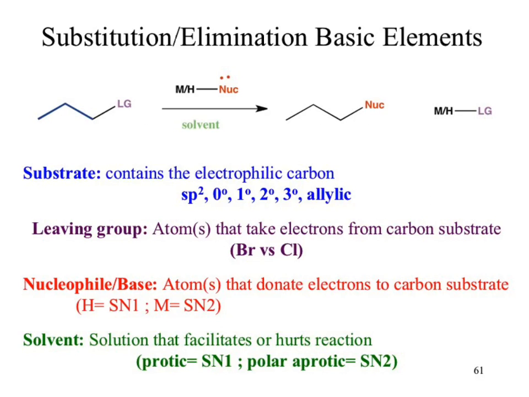Okay? So I've dumped those slides to the very end because I wanted to get through some content stuff. So on our substitution elimination, this summarizes virtually everything you could see. You've got your substrate, your leaving group, your nucleophile and or base, and your solvent. Okay? The substrate contains the electrophilic carbon. That electrophilic carbon could be sp2, zeroary, primary, secondary, tertiary, or allylic.